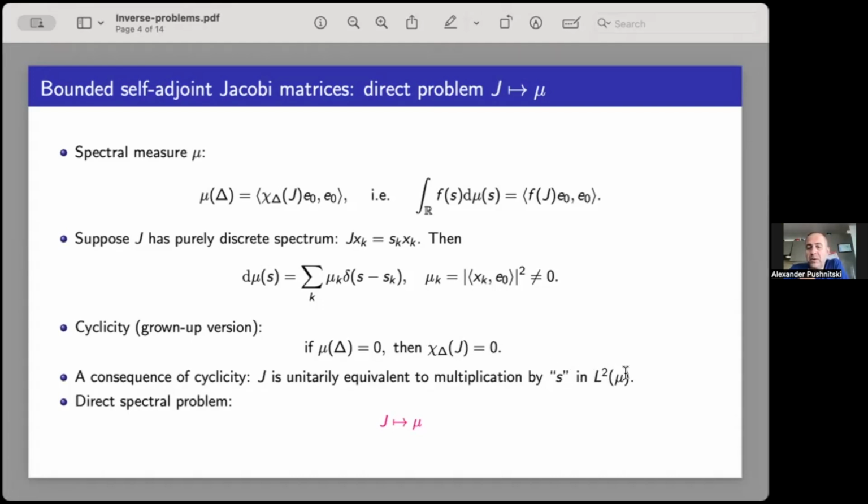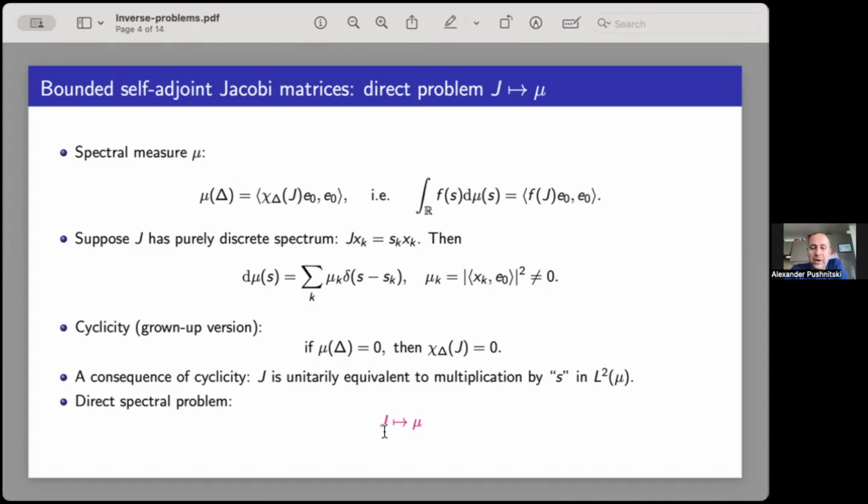L2 of mu in my notation is just L2 on the real line with this measure. And we are considering an operator of multiplication by the independent variable in this L2 of mu, and J turns out to be orthogonally, unitarily equivalent to this operator. So mu is really a good descriptor of spectral properties of our operator.